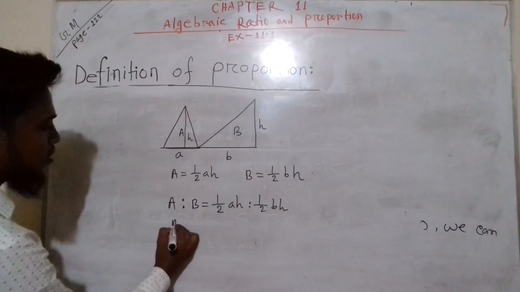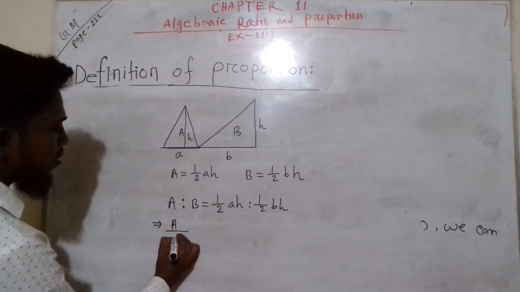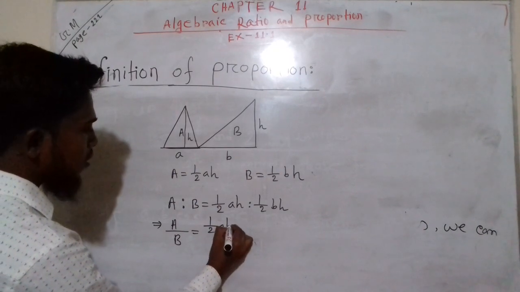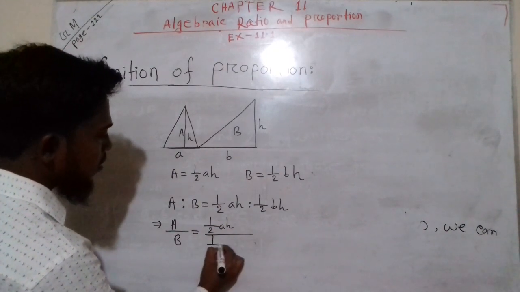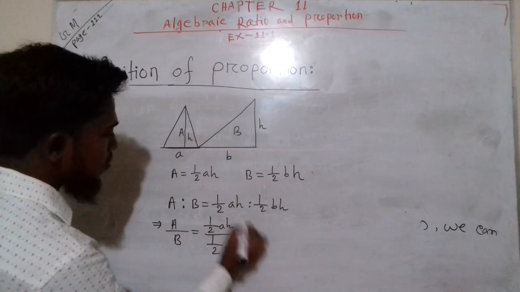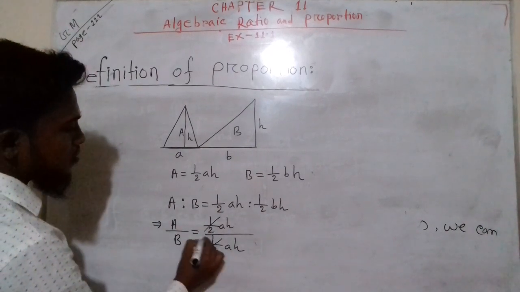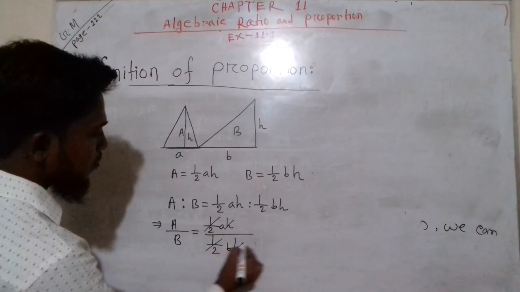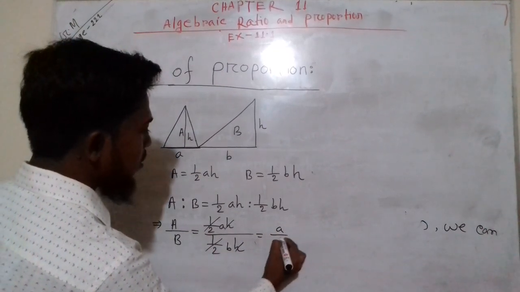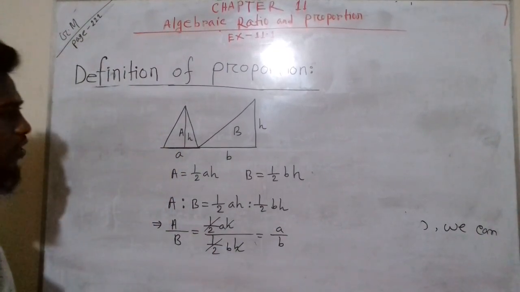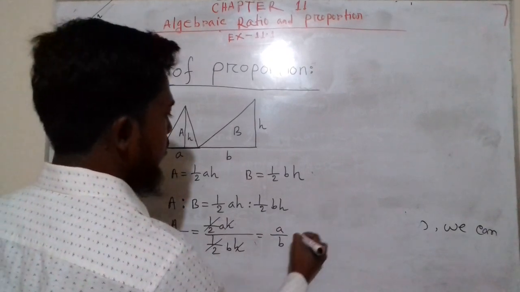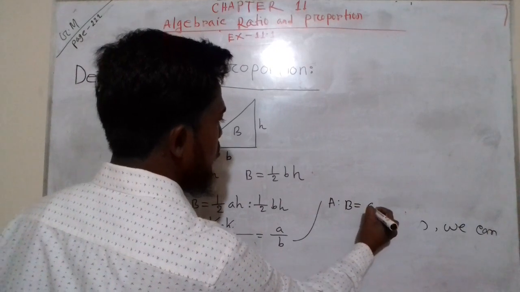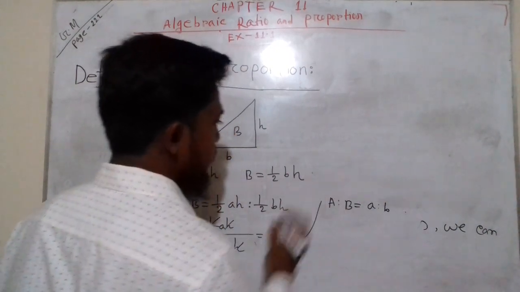So we can write A divided by B equal to half of aH divided by half of bH. Half cancels, H upon H cancels. So finally we can write A is to B equal to a is to b.